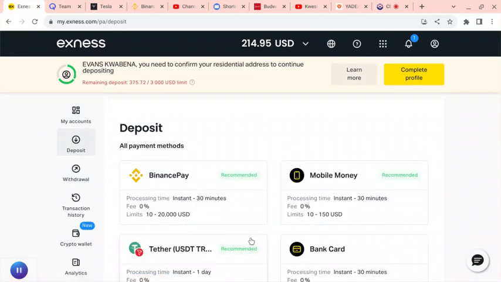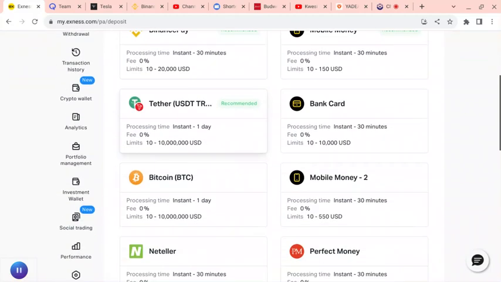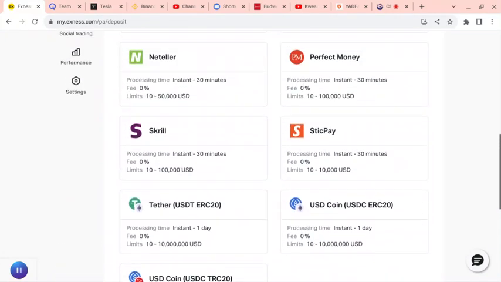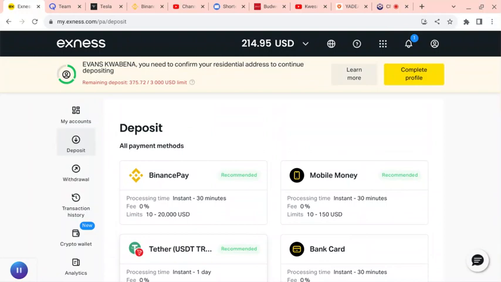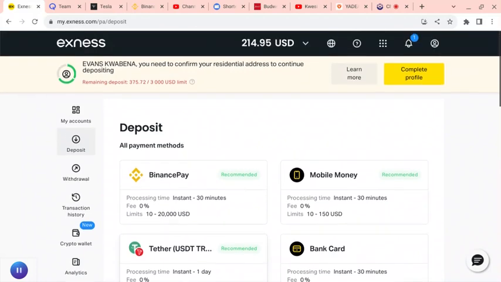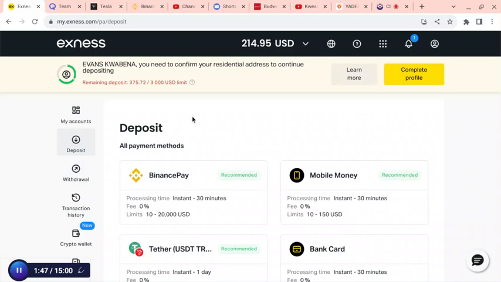Let's say I want to send money, you will not see any Bitcoin wallet over here. So people think they can't receive Bitcoin in their Exness account. But today I want to show you how you can use your Exness account to receive Bitcoin.